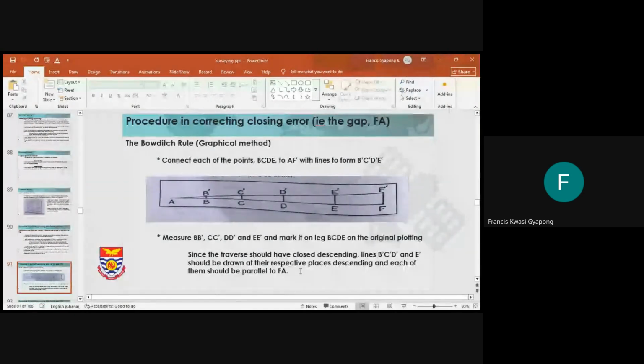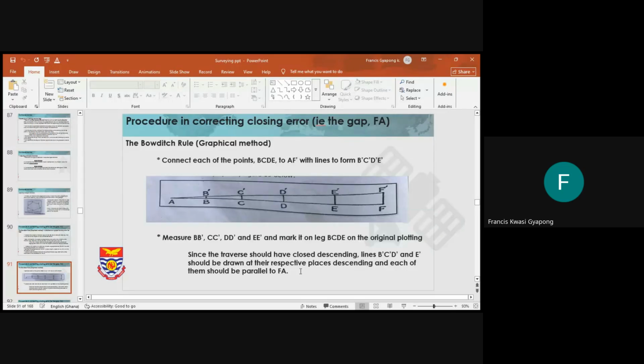You see this diagram? From A to F, down. From A to F. That is the entire lengths or distances you plotted. A to B, B to C, C to D, D to E, E to F. You get it?